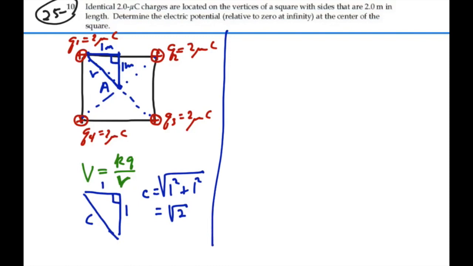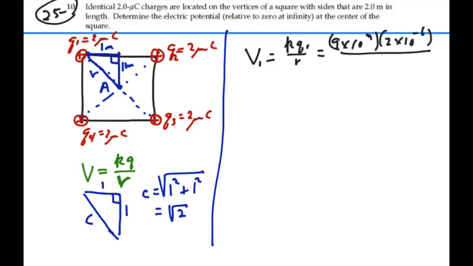Hence, our potential due to one of these charges, say kq1 over r, is going to be equal to 9 times 10 to the 9 times 2 microcoulombs over the square root of 2.